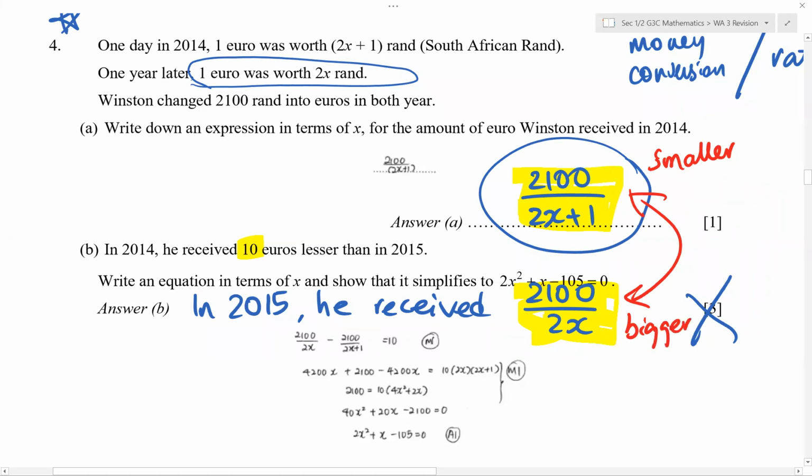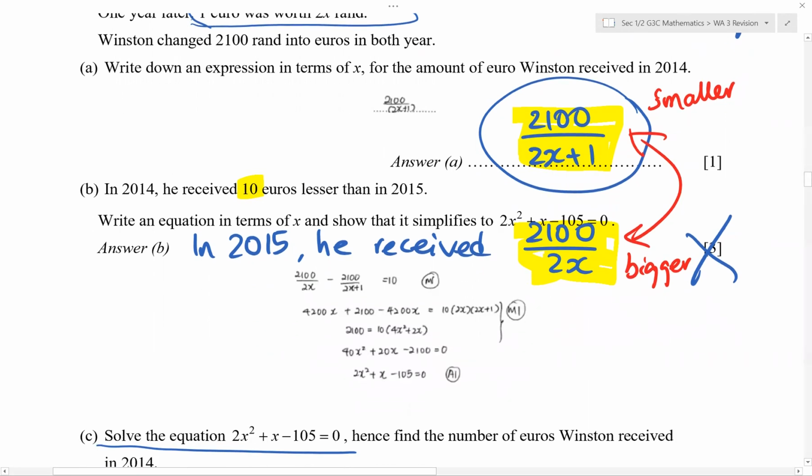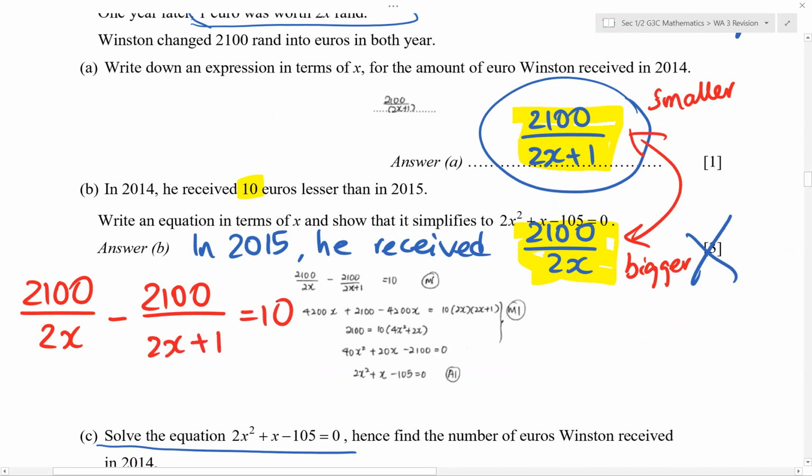Once you have determined which is big and which is small, you can confidently form your equation, because big minus small must give you 10. So the bigger value, 2100 over 2x, minus 2100 over 2x plus 1, equals 10.